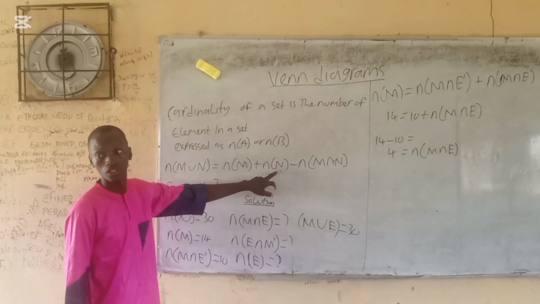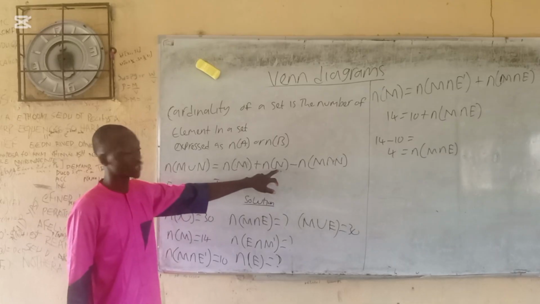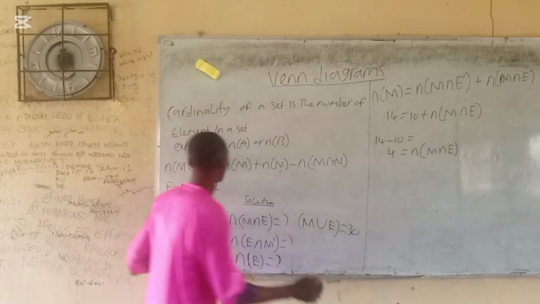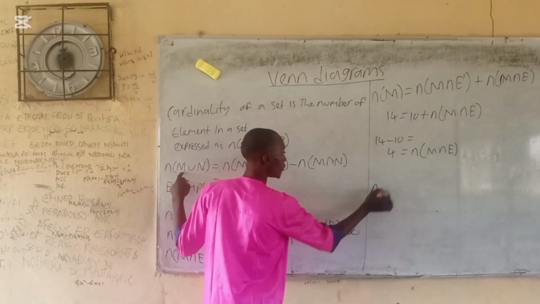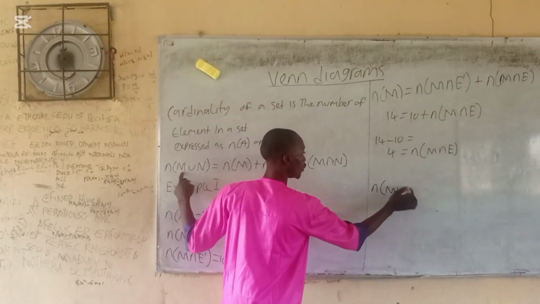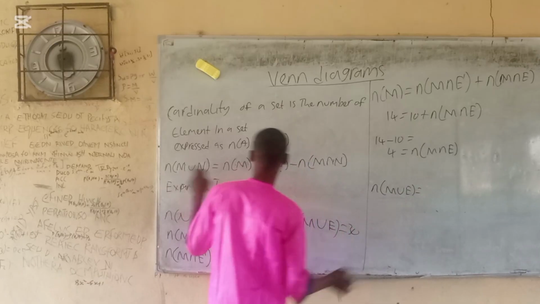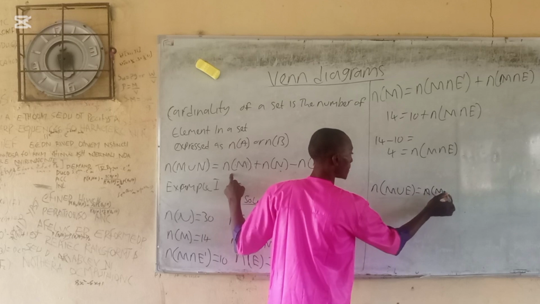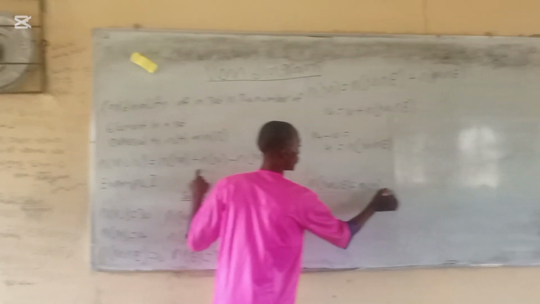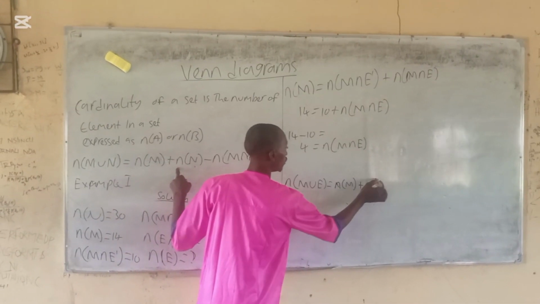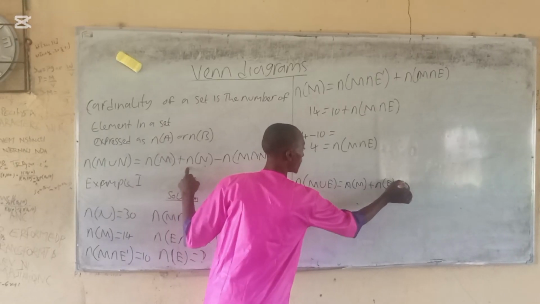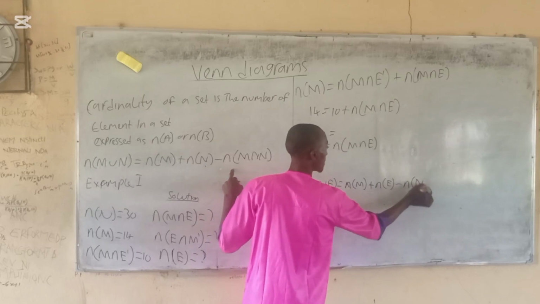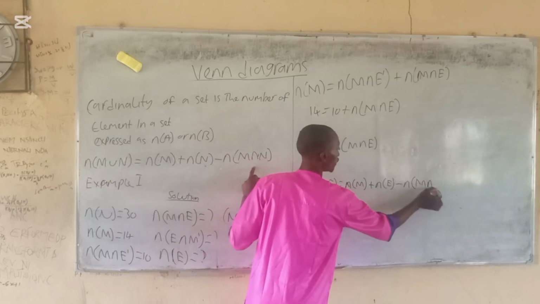Now, for us to get our union as 30, what are we looking for? The number of n we have, but we don't have the number of E. Putting in this formula, number of n union e is equal to number of n plus number of e minus number of n intersect e.